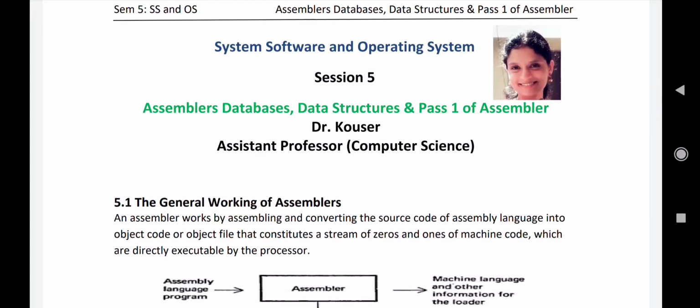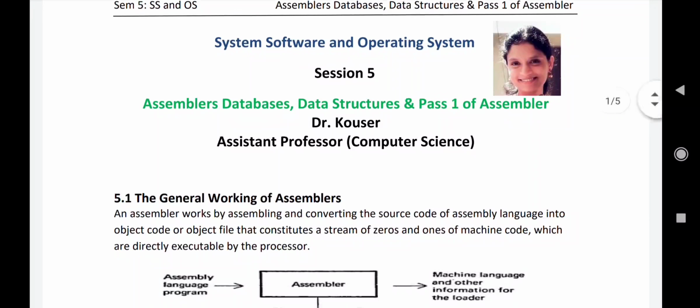An assembler works by assembling and converting the source code of assembly language into object code or object file that constitutes a stream of zeros and ones of the machine code, which are then directly executable by the processor. Simply we can say that assembler is a system software which converts the assembly level language or the symbolic language, also called the mnemonics, into its equivalent binary code or also called the machine code.